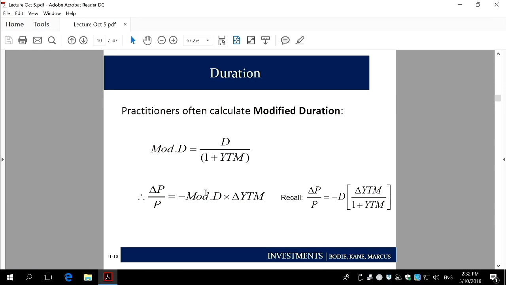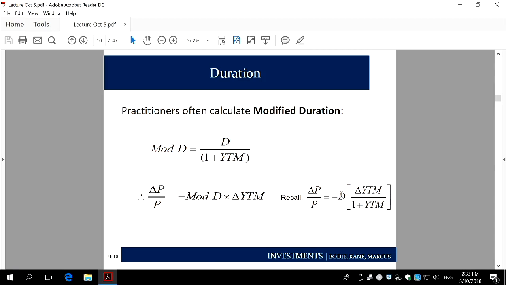And in the real world, some practitioners often use something called modified duration rather than duration. But the relation between duration and modified duration is very simple. You just divide the duration by 1 plus yield to maturity, then you have modified duration. Why? Because remember, this is our definition of duration, right?